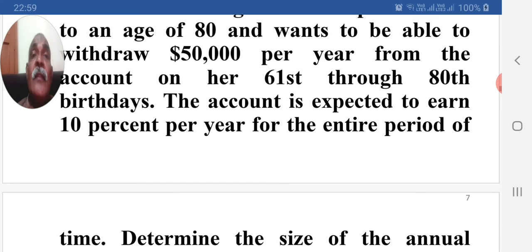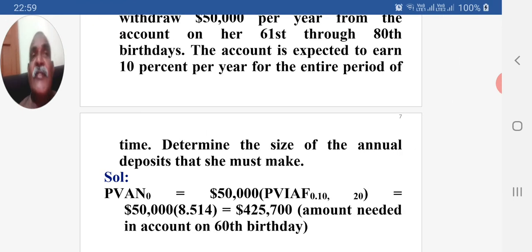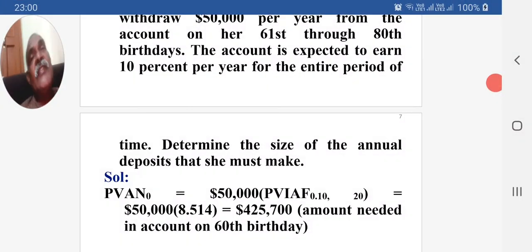How much will you deposit so that you will get 50,000 rupees every year after retirement, though your age right now is 35 years? Not very difficult. Now you see, you will retire at the age of 60. After 60, you will get 50,000 rupees every year.